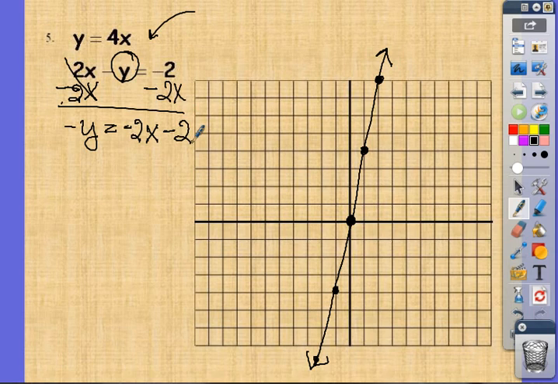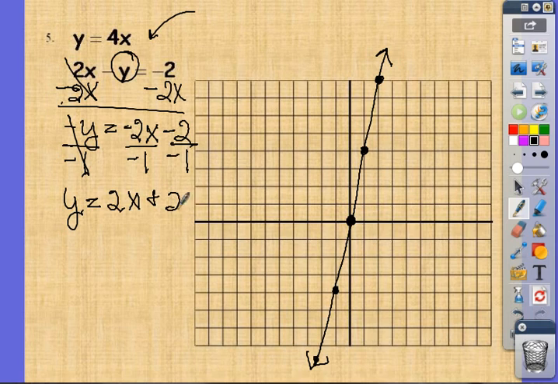We're not done. We don't want -y. We want +y. So what do we need to do? Divide by -1. It would be the same if you multiply. Divide by -1 all the way across each term. Okay? So we end up with y equals 2x plus 2. My pen is acting weird. So we start where? 2.